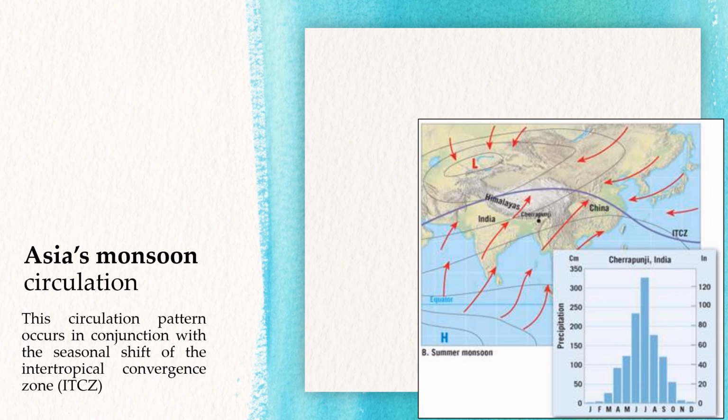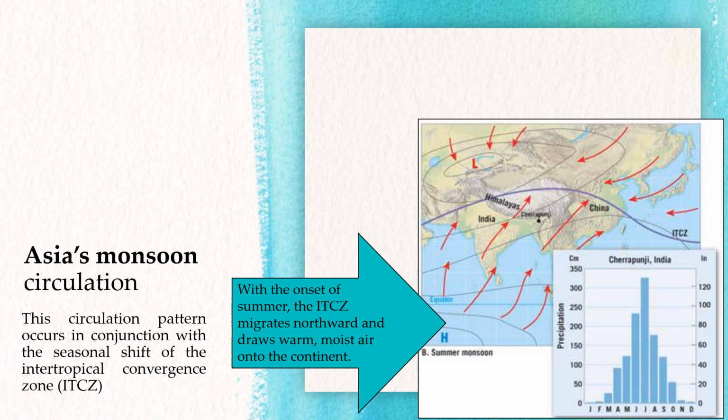During summer, for example the onset of summer, the ITCZ, or the Intertropical Convergence Zone, where the air is converging, moves northward over the continent, and normally this is accompanied by peak rainfall. With the onset of summer, the ITCZ migrates northward and draws warm, moist air onto the continent.